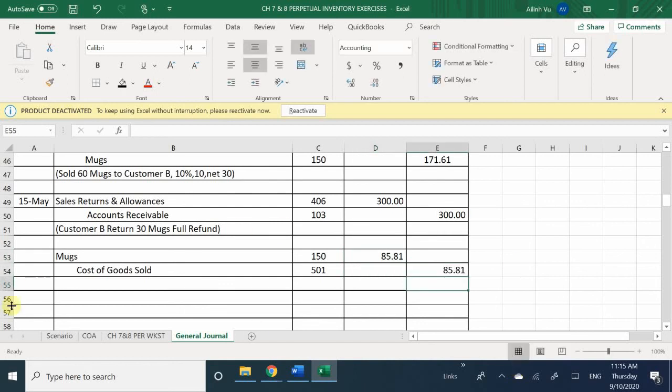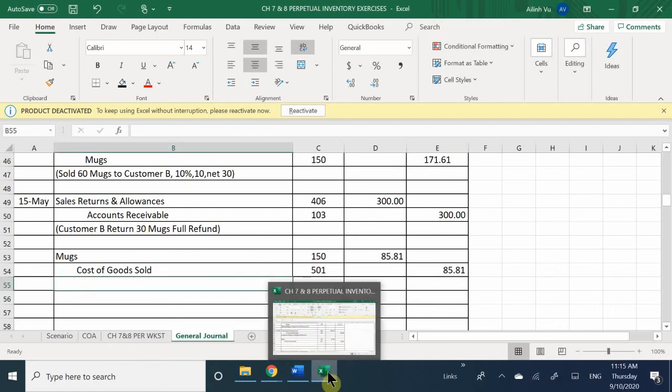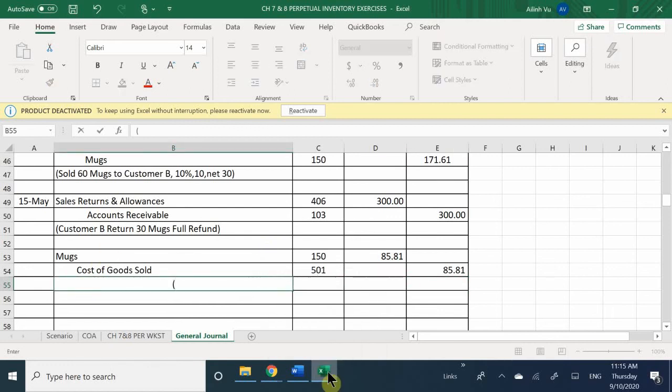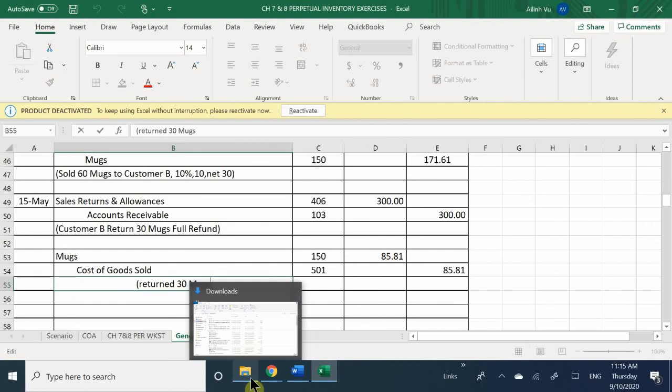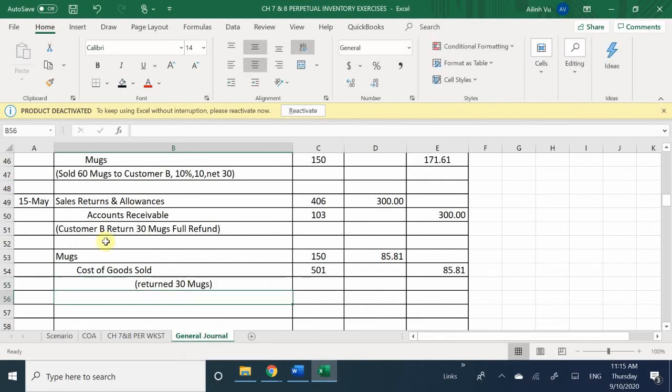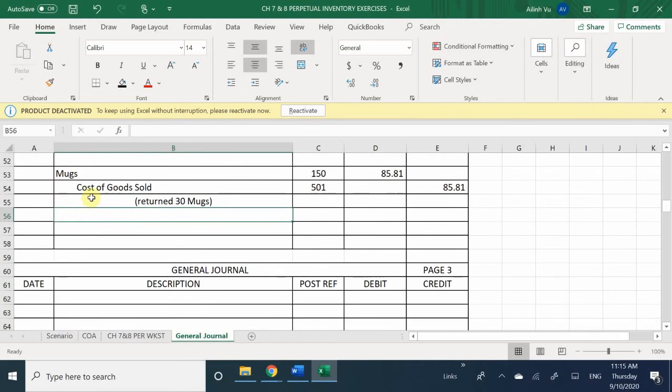Don't forget, we do need to update our inventory because they actually physically returned the items. I don't need to say that customer B specifically did this, but we need to say that we returned a total of 30 mugs. Oh, forgot my ending parenthesis. Okay. Any questions about what just happened here as far as my entry?